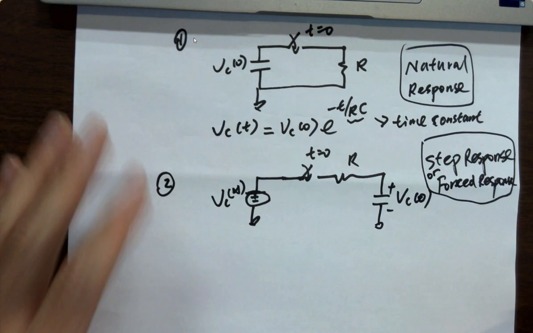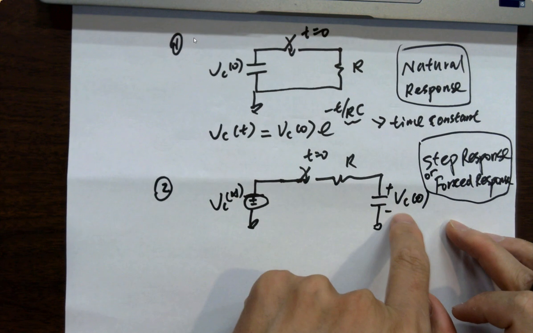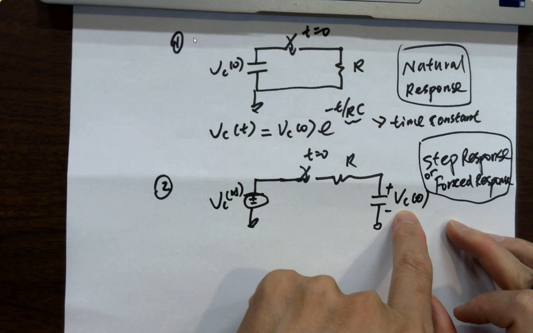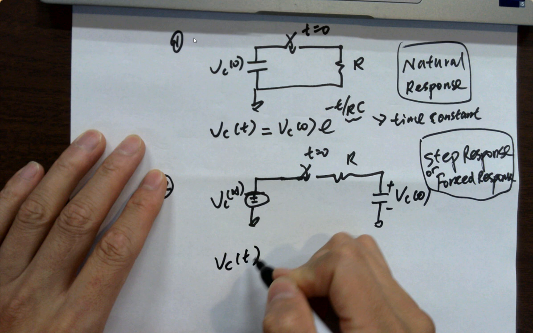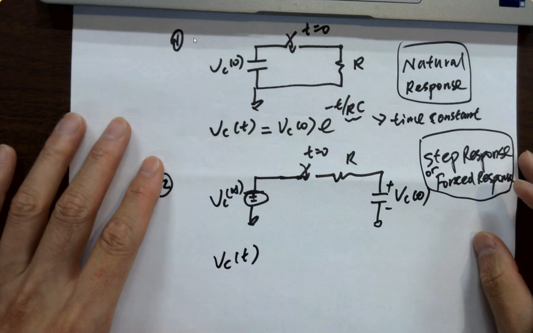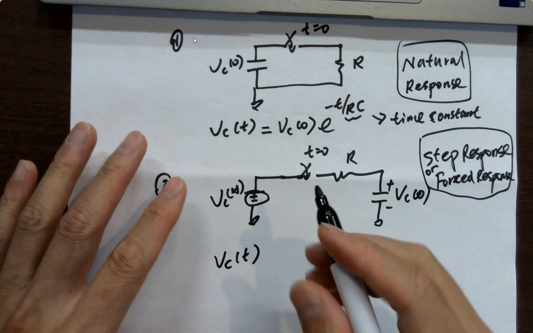What's the equation dominating the behavior here? So there is an initial voltage, okay? Doesn't matter what that is. So VCT, we derived it on Wednesday. Today we're not doing this for the capacitor because we have to do the inductor one. So VCT equals what?